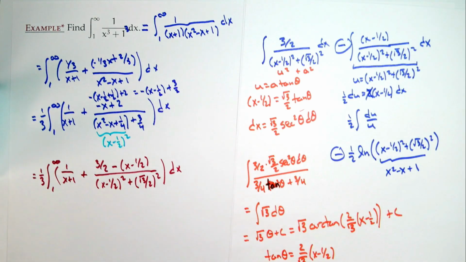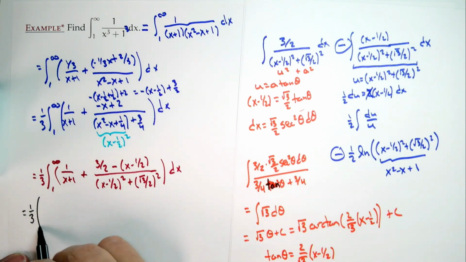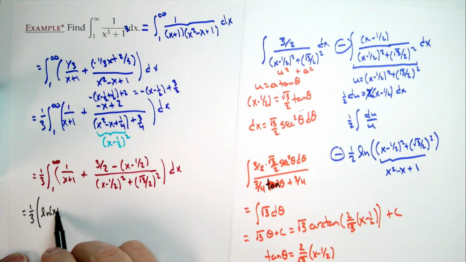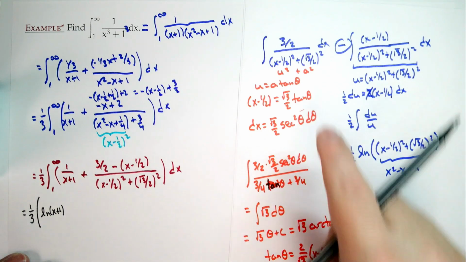So we're going to put it all together. And let's see what we have. So, don't forget about the 1/3. So 1/3. And now we're going to do what? 1 over x plus 1. Natural log x plus 1. Then this. But remember, we did that over here.